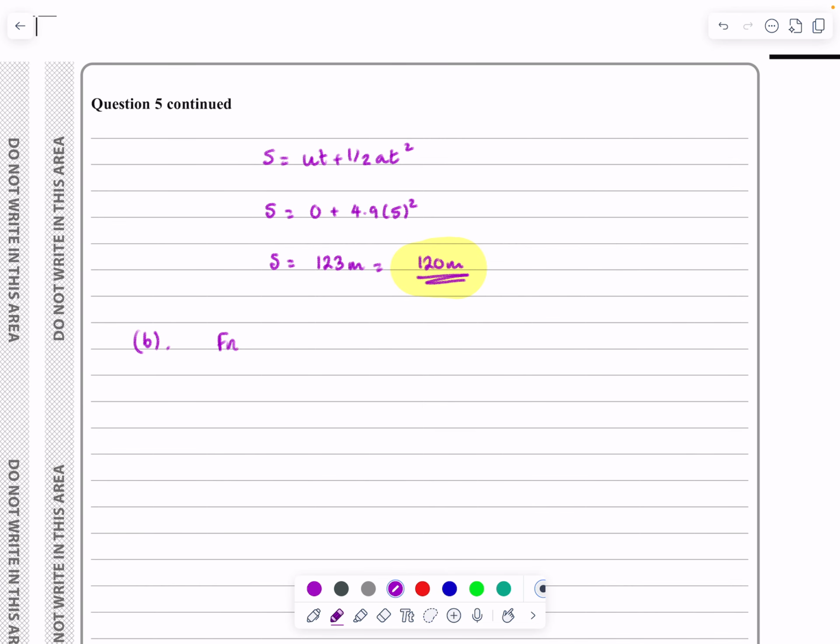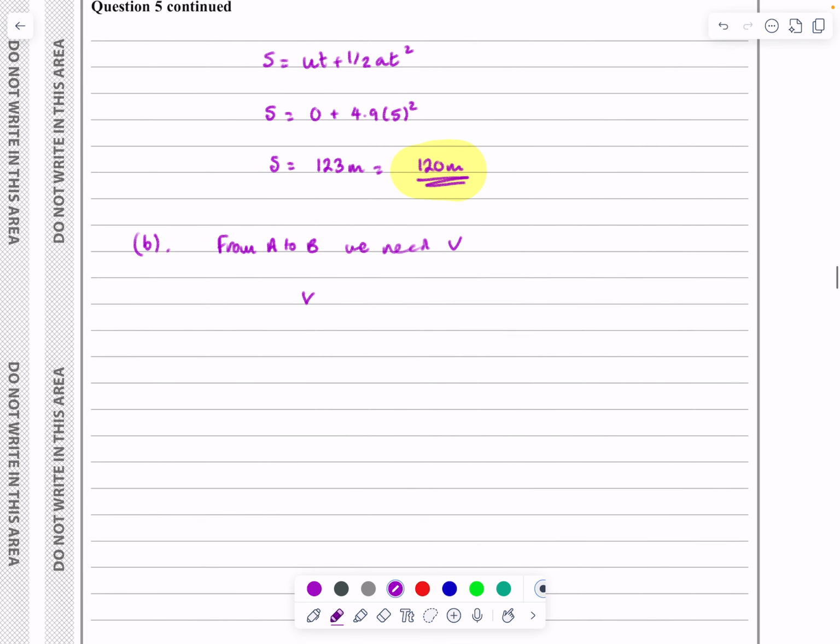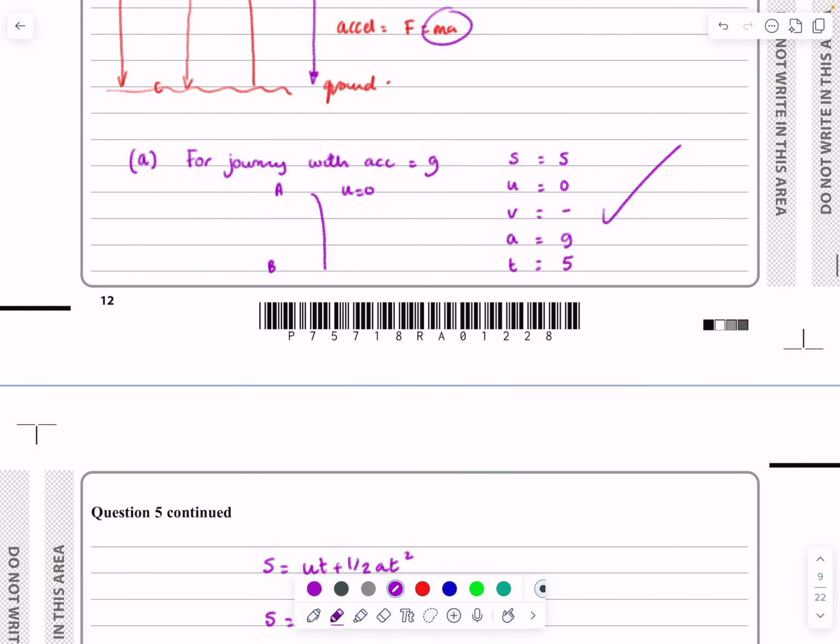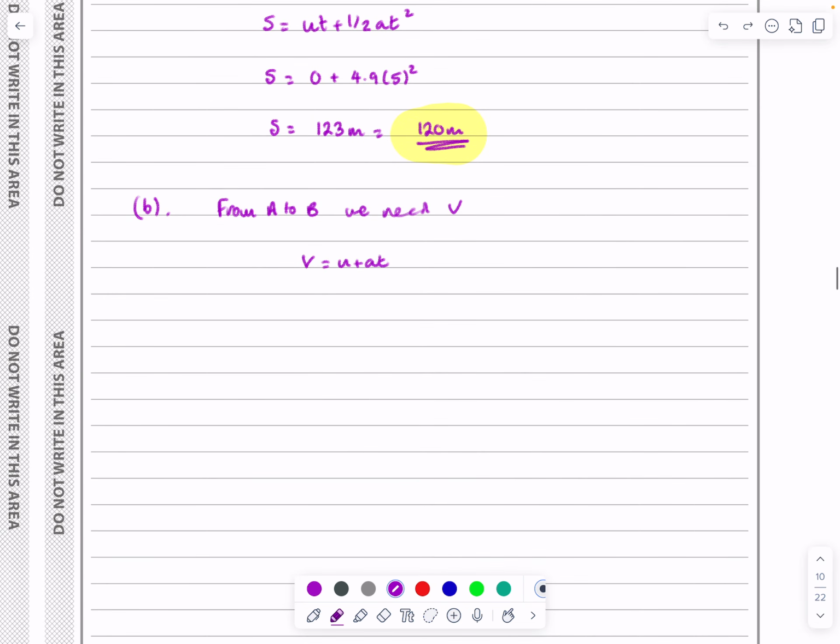from A to B still, we need v. So if we go back, we can just use v equals u plus at for this scenario here. Okay, so v is equal to u plus at, so v is going to be equal to 0 plus 5 times g, so v works out to be 49 meters per second.